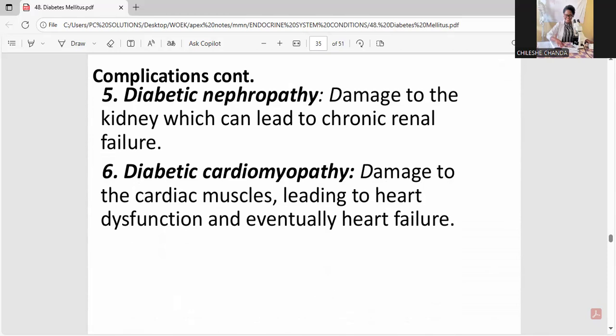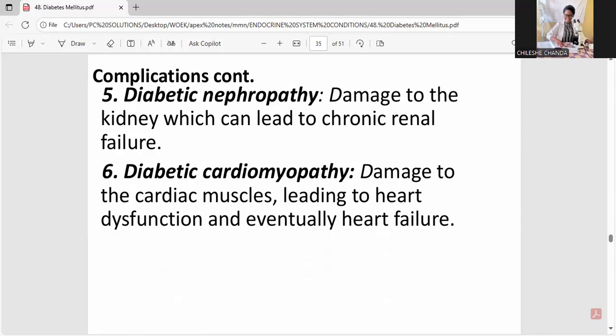The fifth complication could be diabetic nephropathy. This is damage to the kidneys. So you find that the nephrons of the kidneys also get damaged because there is too much sugar, and that sugar starts settling on the nephron, on the glomerulus. So in the glomeruli, the sugar molecules are settling there, and with time, there is going to be damage to the glomeruli.